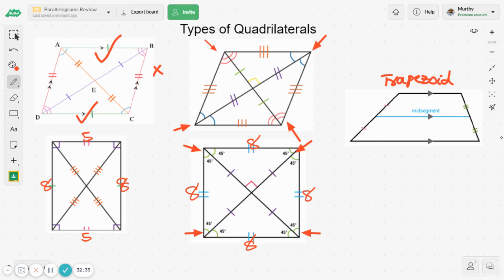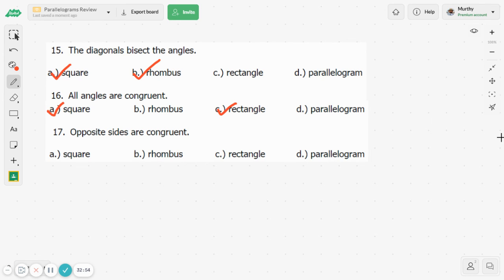In a parallelogram, opposite sides are equal. Yes. Opposite sides are equal. Even in a square also, opposite sides are equal. Therefore, here in a square, yes it is. Rhombus, yes. Rectangle, parallelogram, yes.